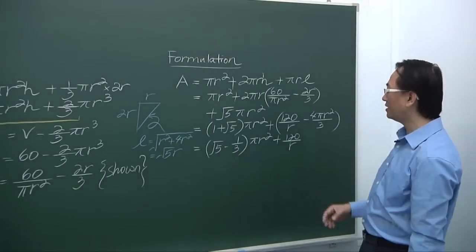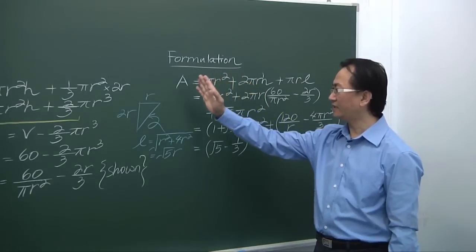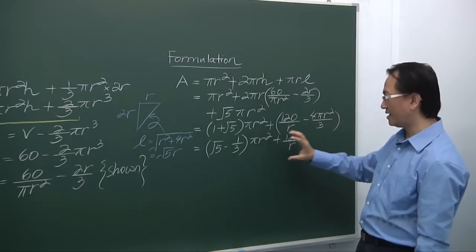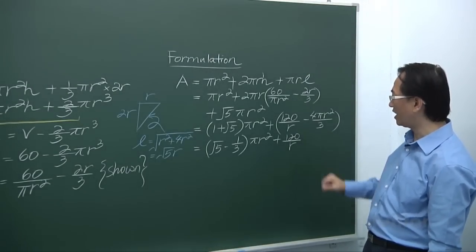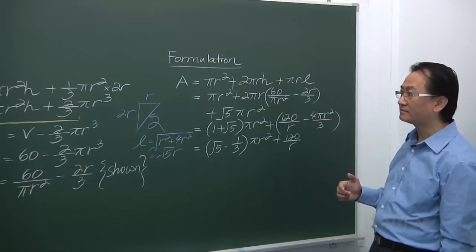You can see, if I need to differentiate this to obtain dA over dr, this is a nice form to go about. So this can be changed to 120 r to the power negative 1.